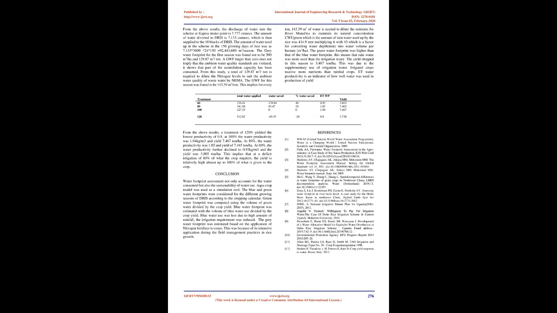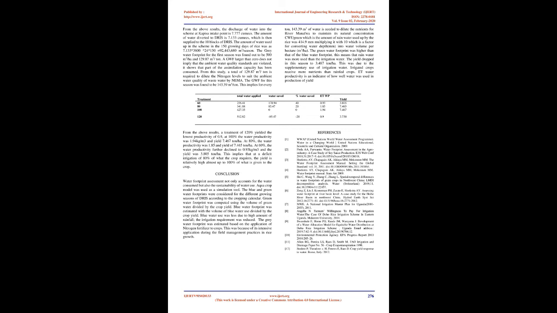The amount of water diverted to DRIS is 7.133 cubic meters per second, which is then supplied to the 10 blocks of DRIS. The amount of water used up in the scheme in the 150 growing days of rice was 7.133 × 3624 × 150 equals 92,443,680 m3/season.